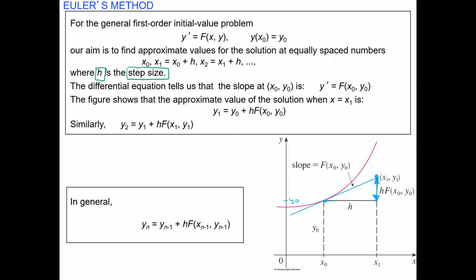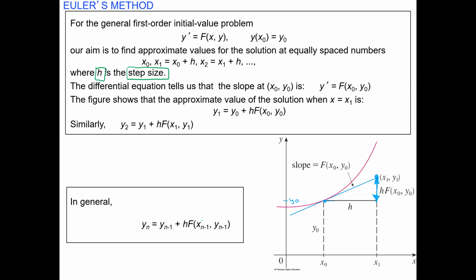If it's 2, everything is related to 1. In general, when we define the nth approximation, y sub n, we need the information one before, y sub n minus 1, the same step size, and the slope related to that point.